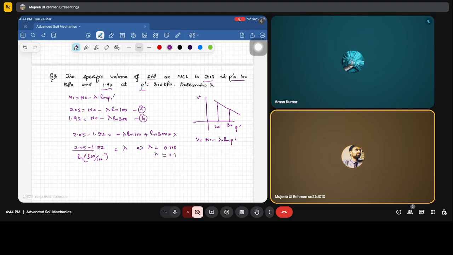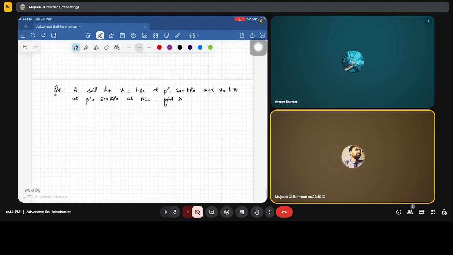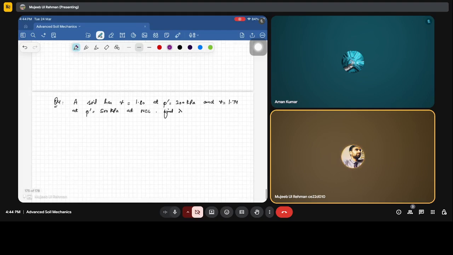Similarly, a soil has a specific volume of 1.80 at P dash equal to 200 and a specific volume of 1.74 at P dash equal to 500 on the NCL. Find lambda. Again, we can use the same equation, where lambda can be written directly as (1.80 minus 1.74) divided by ln of 5 by 2.